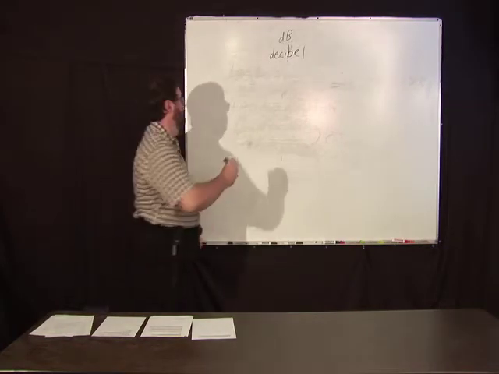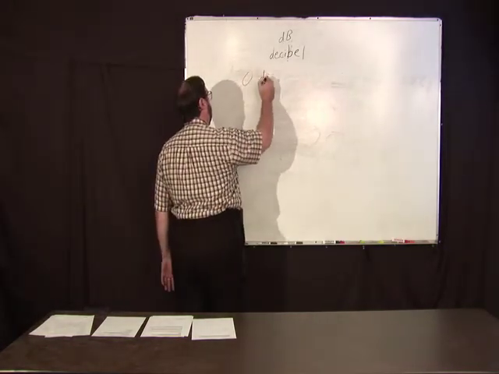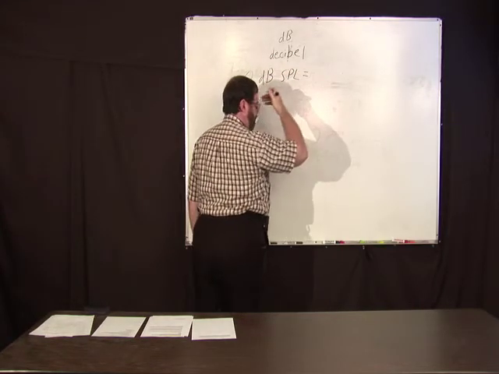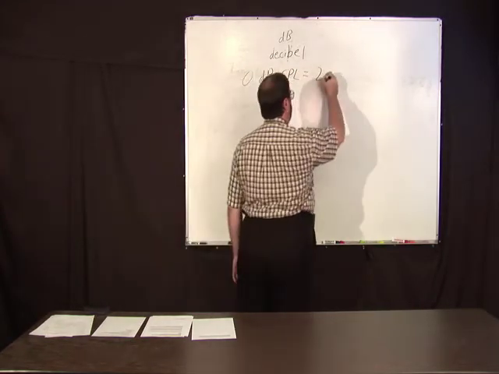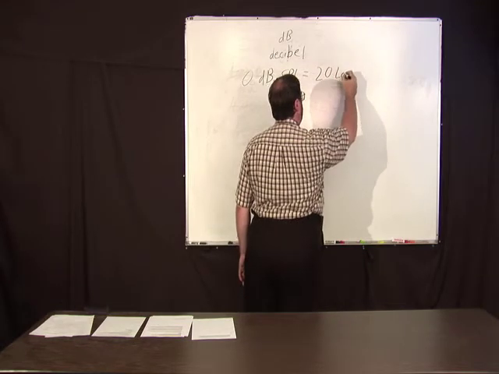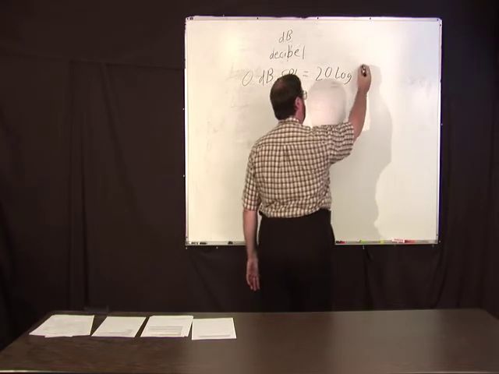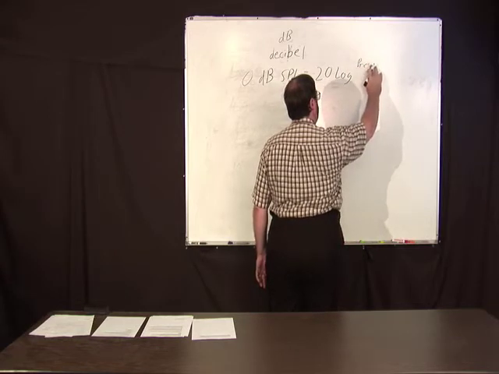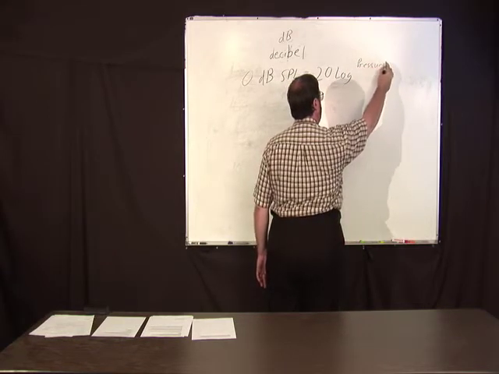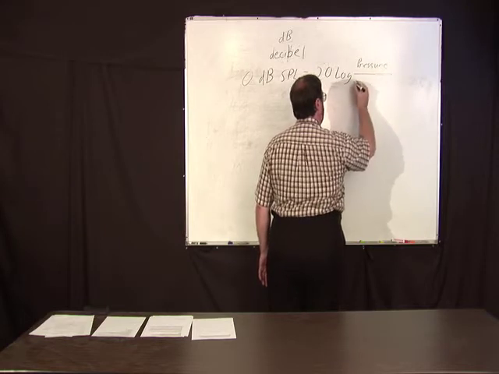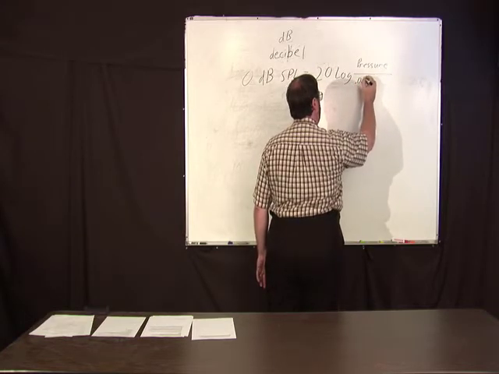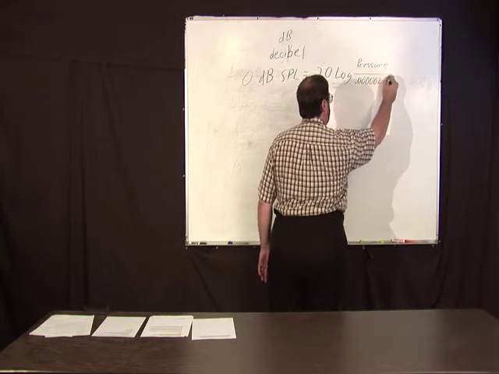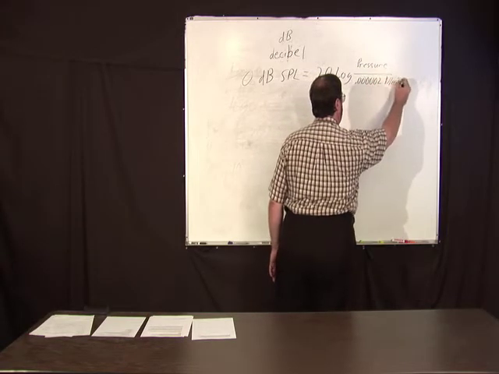So 0 dB sound pressure level is 20 log of the pressure in the sound wave, divided by a reference level, which is 0.00002 newtons per square meter.